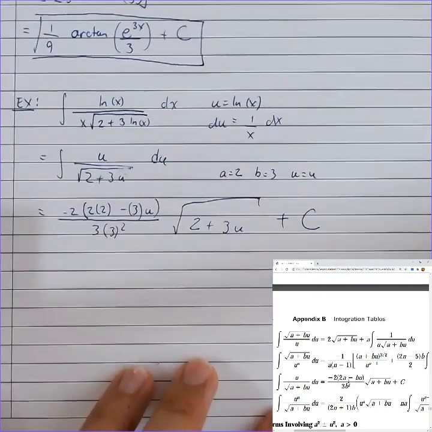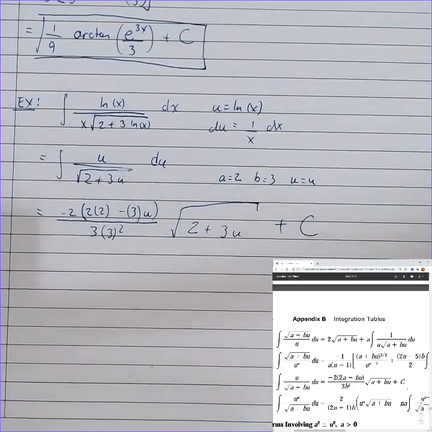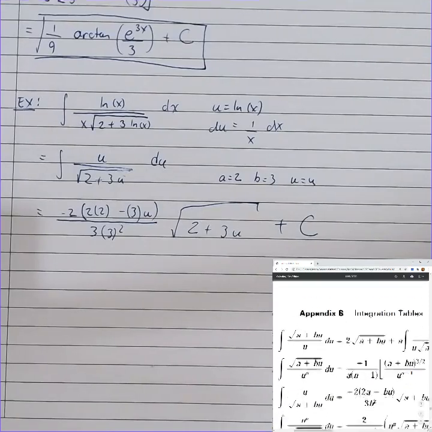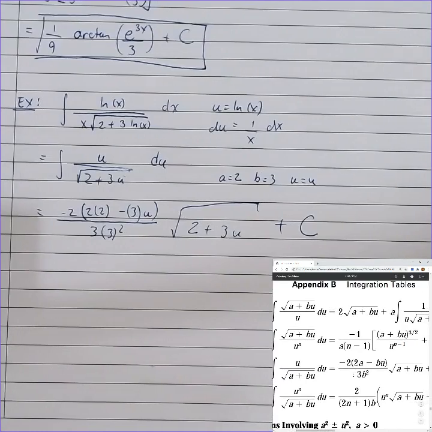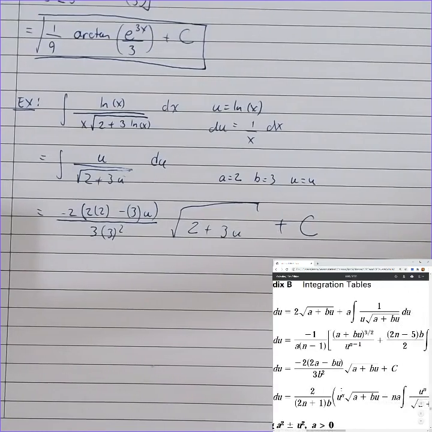So all I'm doing is using this formula here and just substituting in the appropriate values. I know my a, I know my b, and I'm going to leave u as u for now.